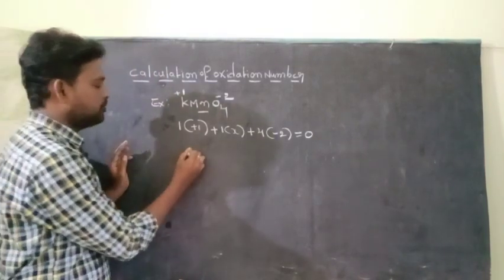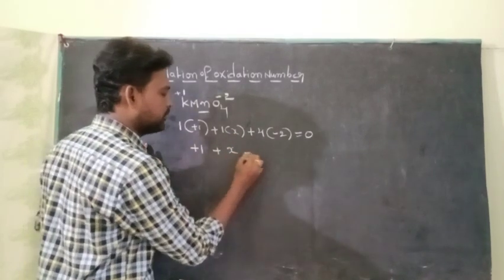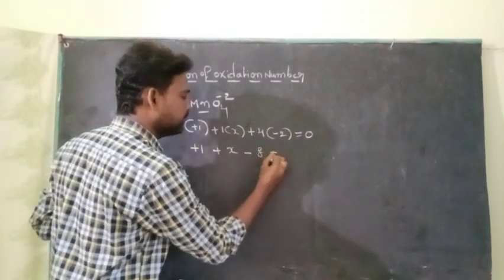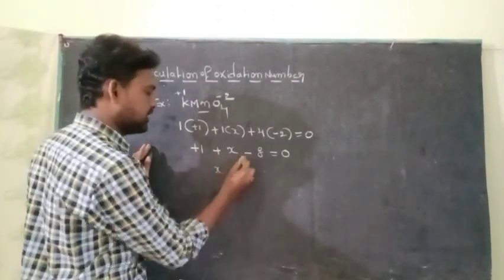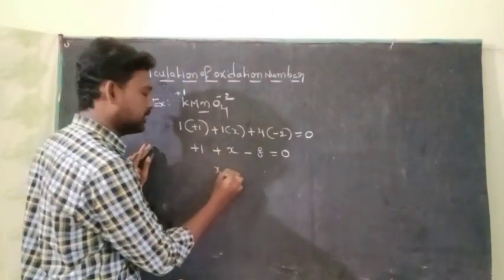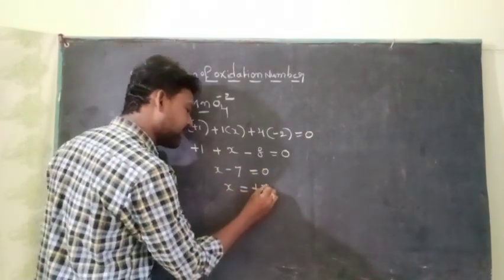So 1 into plus 1 plus 1 into X plus 4 into -2, that is -8, equal to 0. So X plus 1 minus 8, that is -7, equal to 0. X equal to plus 7.